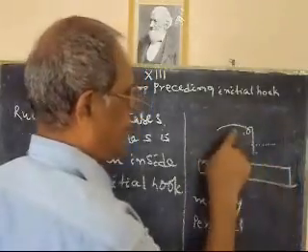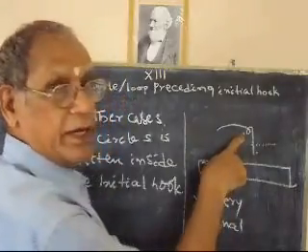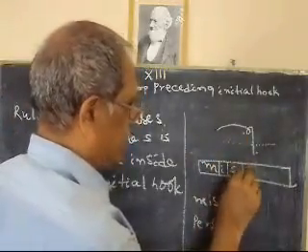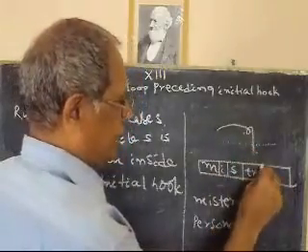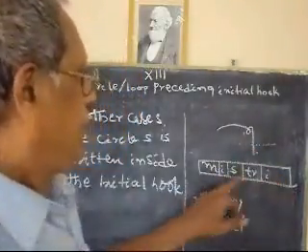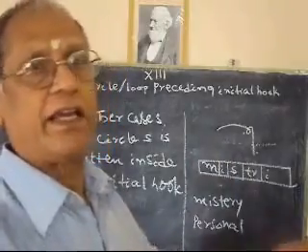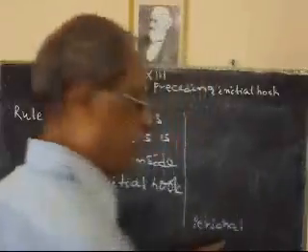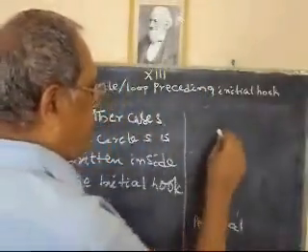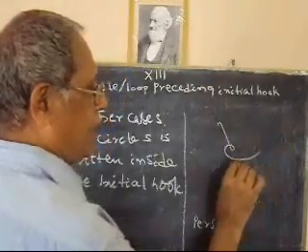Suppose, E. Me. S. Circle plus E. Mystery. It is not a mystery. Mystery. Then personal. Personal. Per.